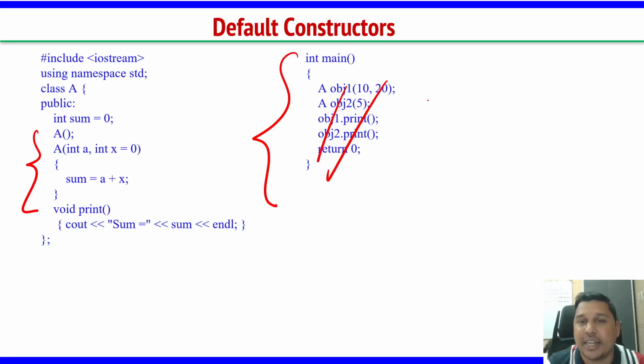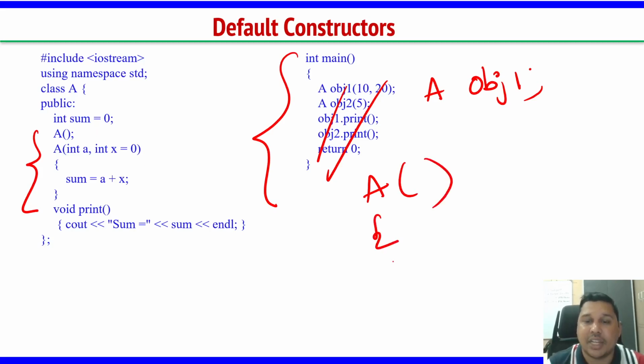Instead of this, I'll create class A, object obj1. So what will happen here? In the public section, I will write this, and I will give sum equal to 20 and close it.